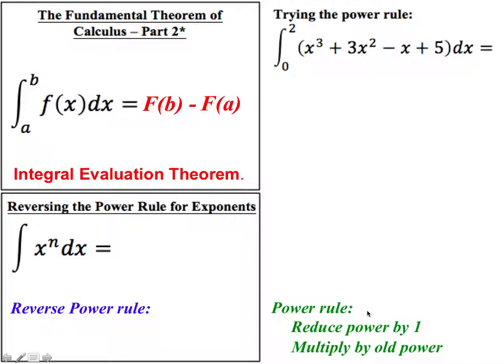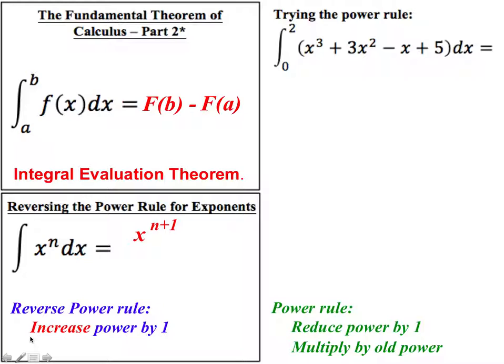So if I want to do the antiderivative, I have to reverse that, which means everything I see here, I'm going to do the opposite of. Instead of making this power 1 smaller, I'm going to make this power 1 bigger. So I'm going to increase the power by 1 instead of reduce.